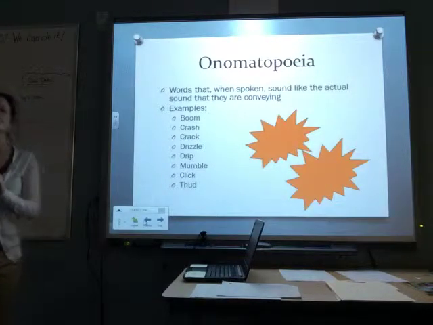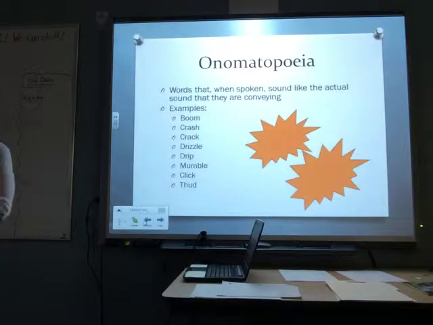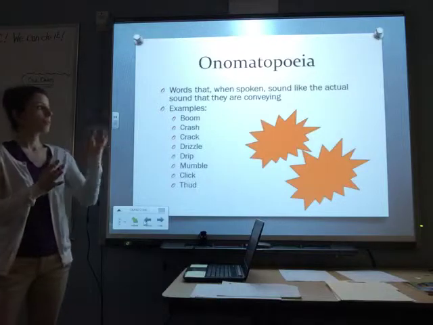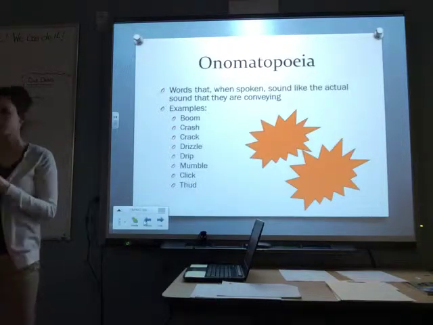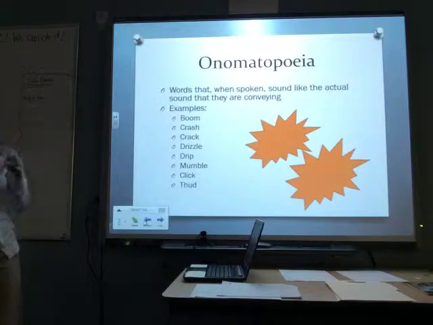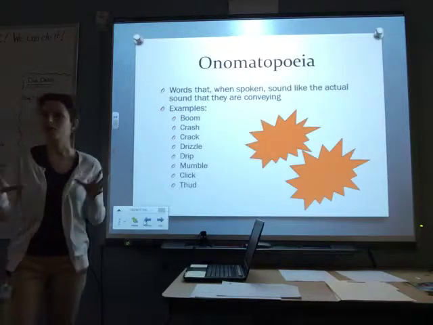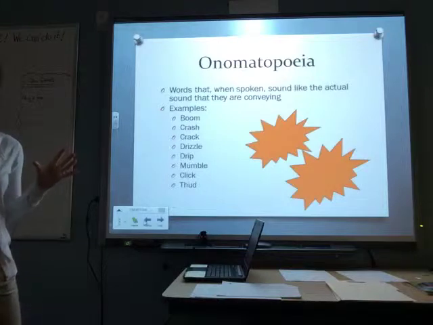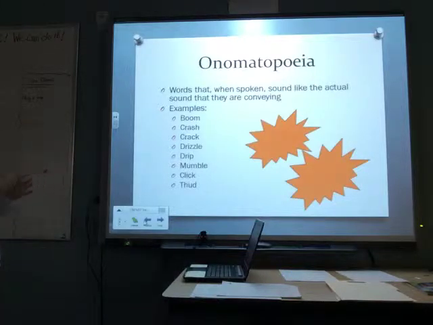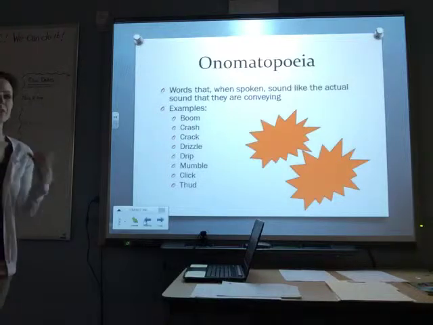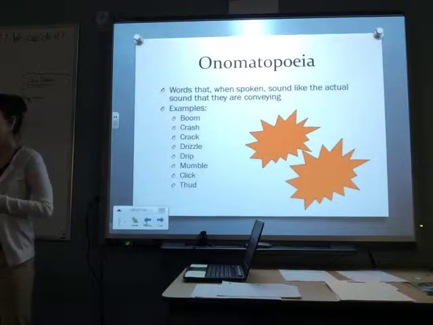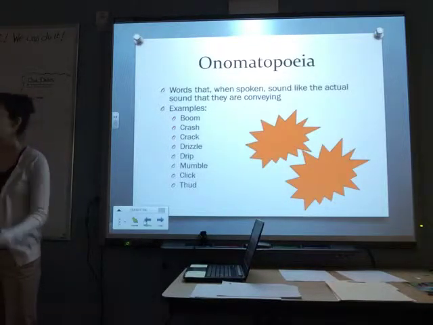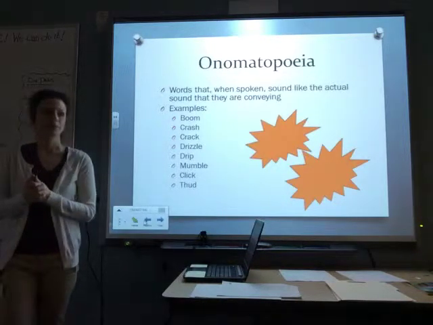Onomatopoeia. Very long word for pretty much very short words. These are words that when they're spoken sound like the actual sound that they are conveying. So what does that mean? Words like boom, crash, crackle. Pow. Drip, mumble, click. They all sound like what they actually are when they are happening. This again brings life into what we read.